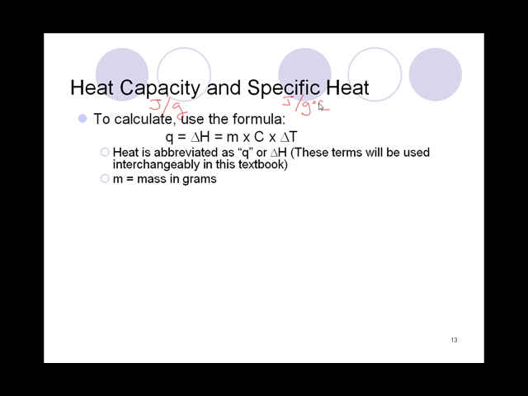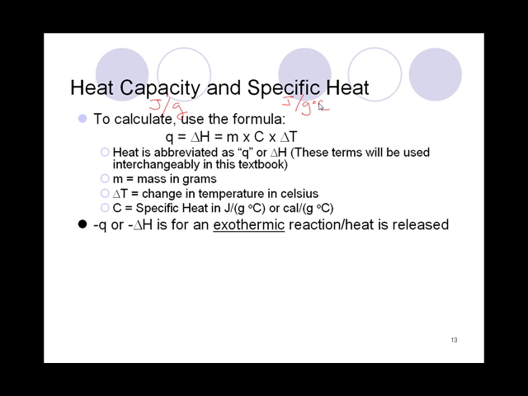And the formula provided is Q, which is also expressed as delta H in this open system, constant pressure system, you know that they're the same, is equal to the mass times the specific heat capacity times the temperature change.